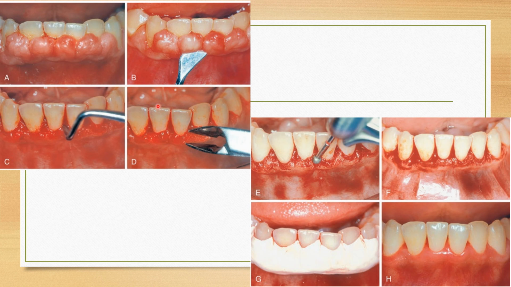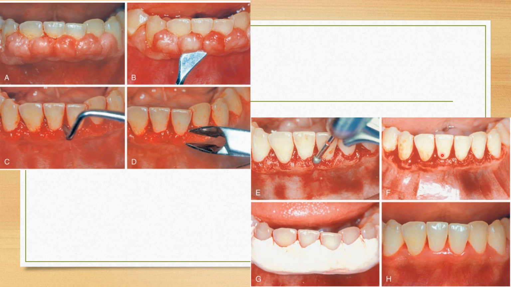So this is a detailed procedure of doing gingivectomy and gingivoplasty together. You can see that this is the enlargement. There is a grade 3 enlargement, at least covering more than three-fourths of the tooth surface. Using the Kirkland knife, Orban knife, and tissue nippers for removing the tissue tags, and rotary bur stones have been used for shaping it, that is, recontouring the surface.